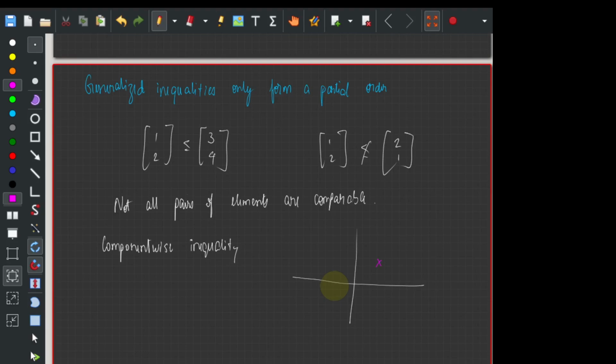We shift the origin to this point, and all points that are in the first quadrant. Correct. So basically this region is the set of all points.